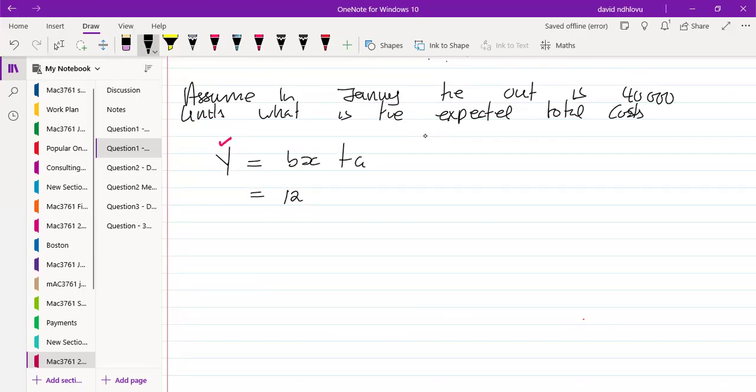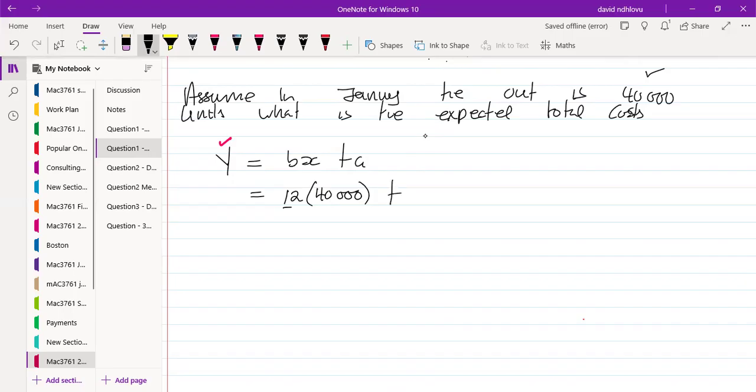What changes in direct proportion to changes in output is the total. So we'll still have 12 rand per unit, which is the variable cost element. Then we'll multiply that this time by the number of units produced, which is 40,000, so that we get the total, which always changes according to the output.